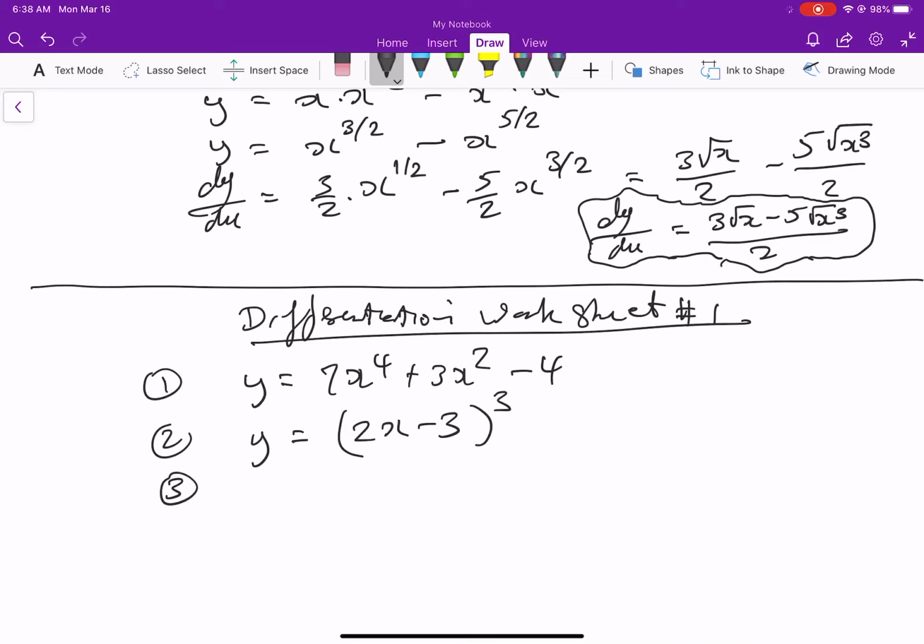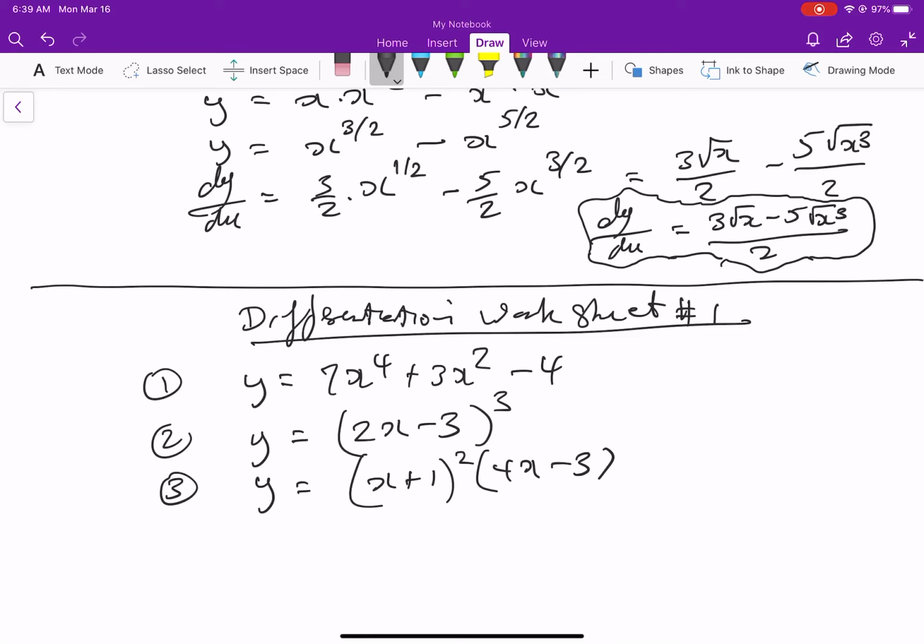Number 3. y is equal to x plus 1 all squared times 4x minus 3.